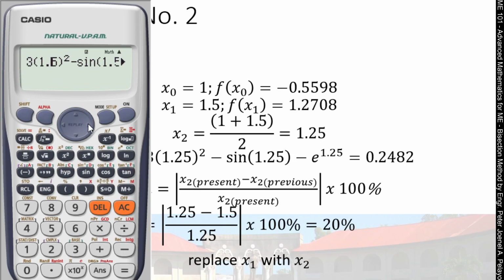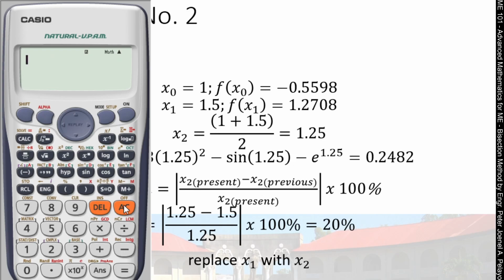Substitute lang natin 1.25, so 0.2482. And then, kukunin lang natin yung percentage error. Present minus previous, in-absolute value natin yan.